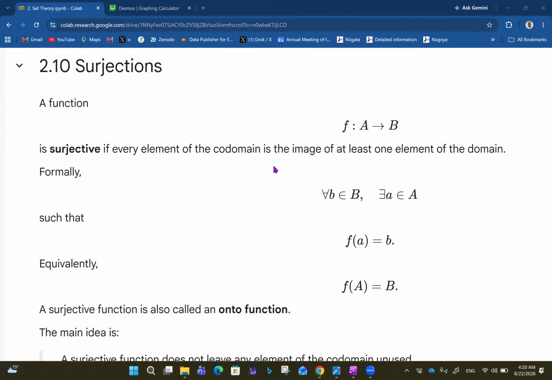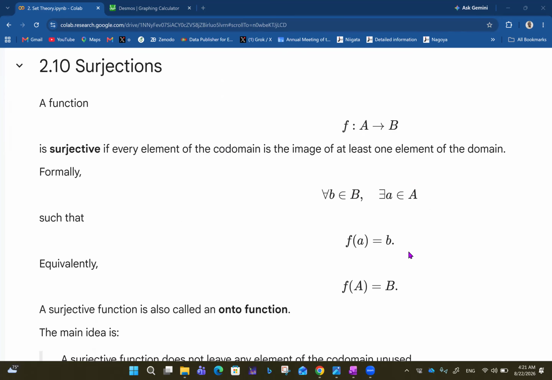But for a surjection, every element in B has at least one element of the domain. So formally, for every b belonging to B, there exists a in A such that f of a equals b. So every element in B is mapped to something in A. And of course, everything in A has to be mapped in the first place for it to be a function.